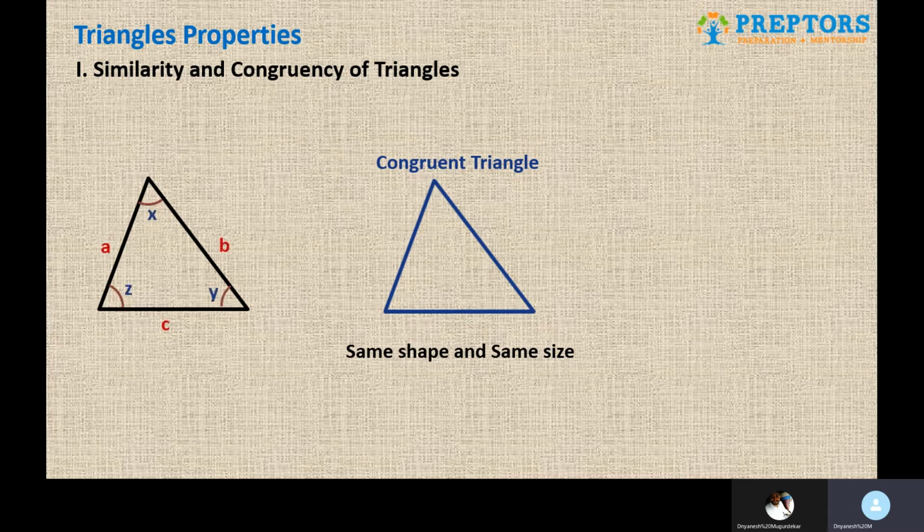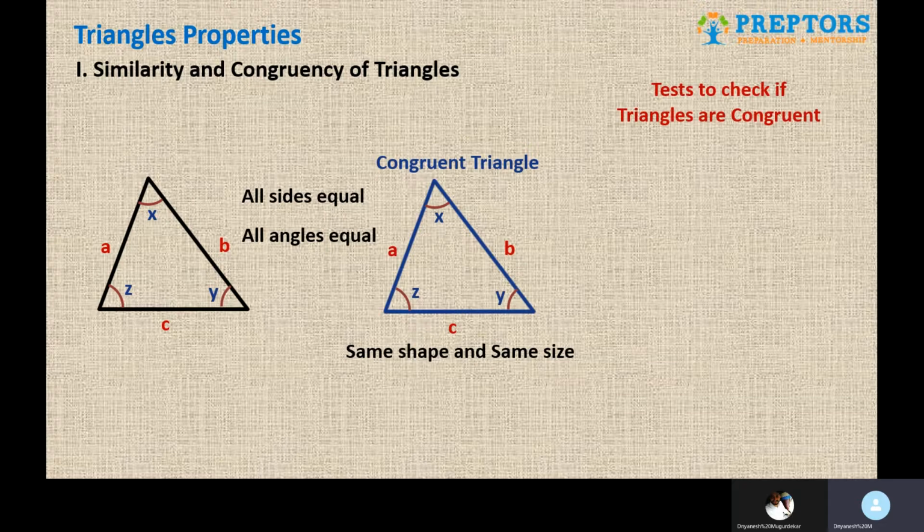The properties are that all the sides and all the angles are equal. That's about congruent triangles. Then the tests for checking congruency, again something from the school days: SSS, side angle side test, angle side angle test, and RHS, which is basically the right angle hypotenuse side test. So these are the four tests to check.